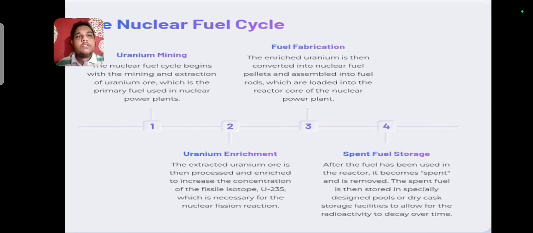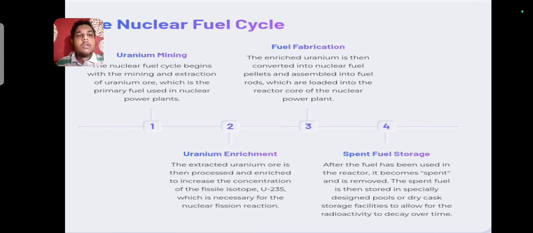The nuclear fuel cycle. Uranium mining. The nuclear fuel cycle begins with the mining and extraction of uranium ore, which is the primary fuel used in nuclear power plants. Uranium enrichment.